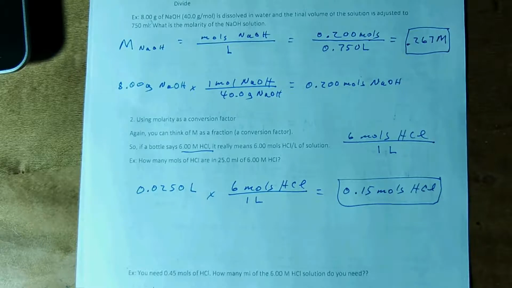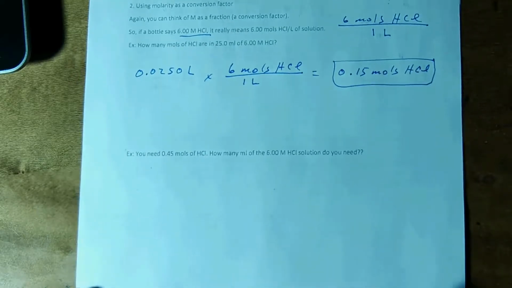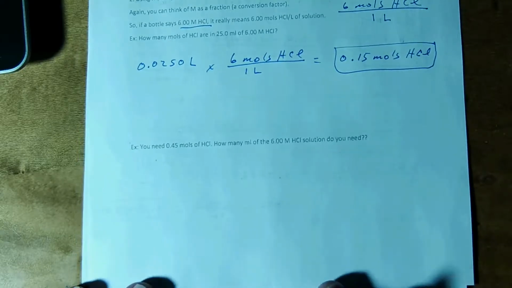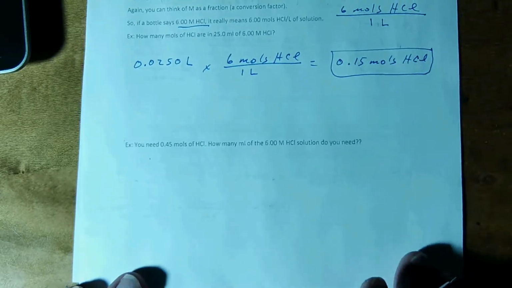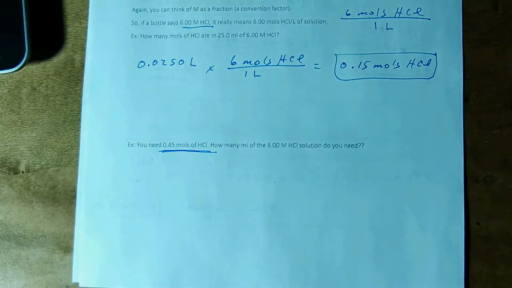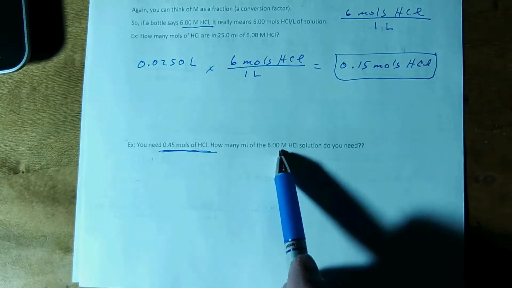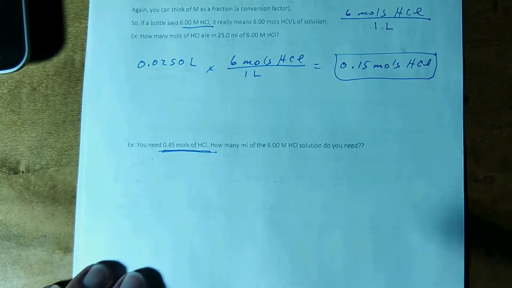Another example of using that as a conversion factor. Let's say for some reason you happen to need this much hydrochloric acid. Remember, the mole represents an amount. For some reason you need that much hydrochloric acid. How many milliliters of that 6 molar stuff do you need? Start with this number.